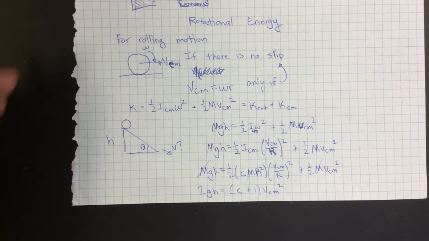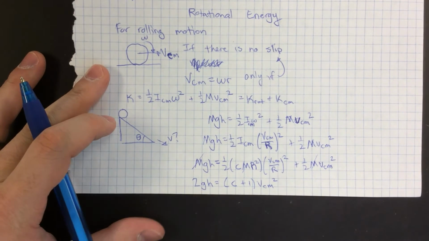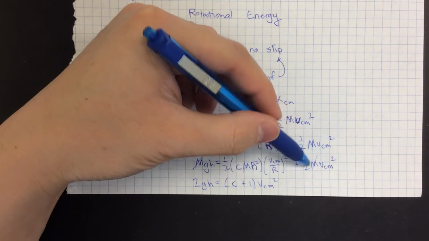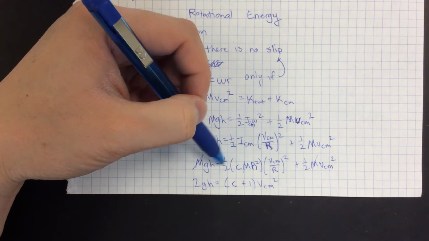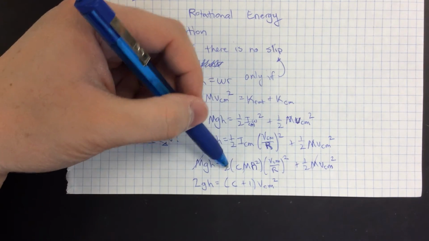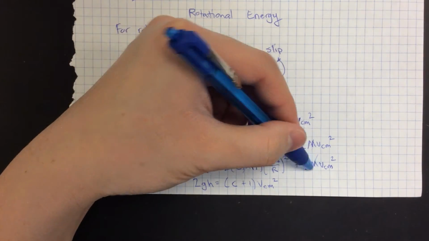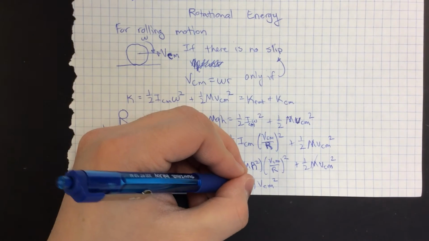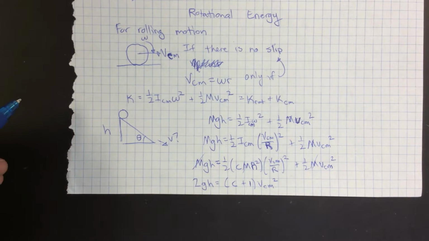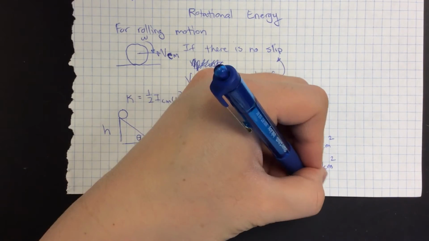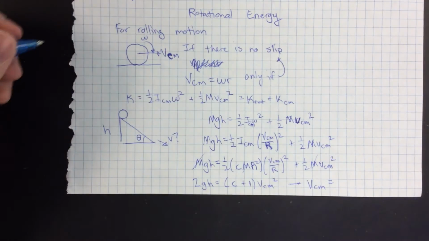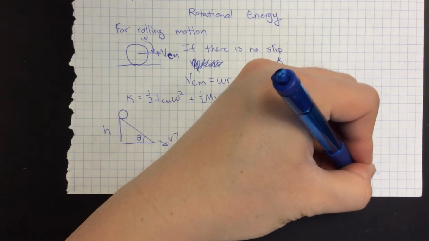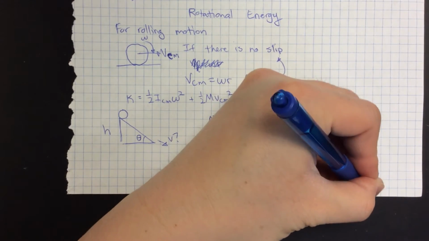You see the way that algebraically works out? These R's cancel, they both have a VCM squared. So the velocity by the time it gets to the bottom is equal to the square root of 2gh over (c plus 1).